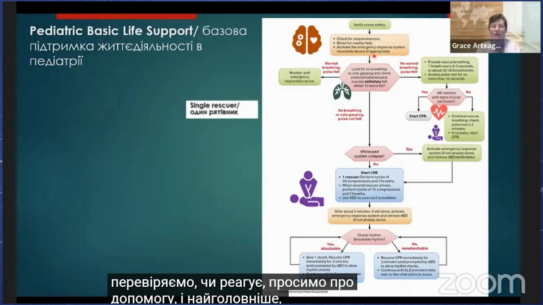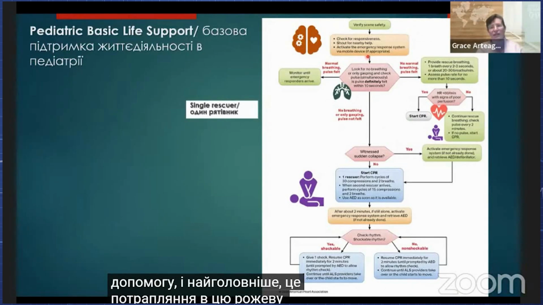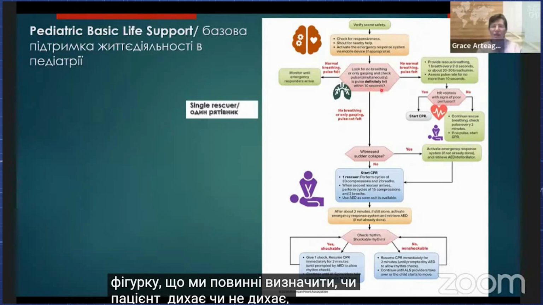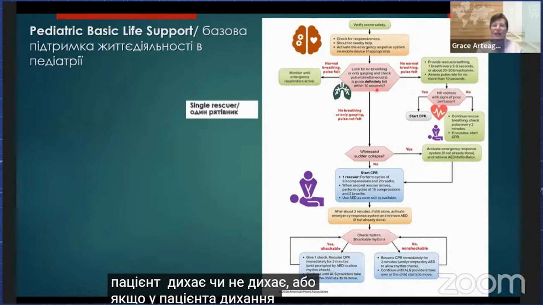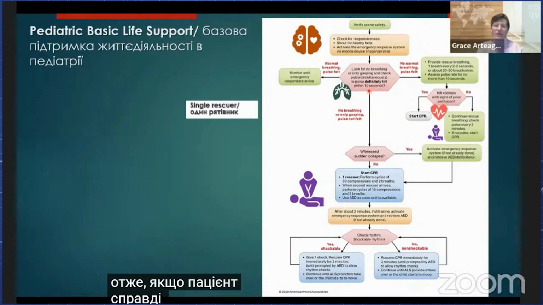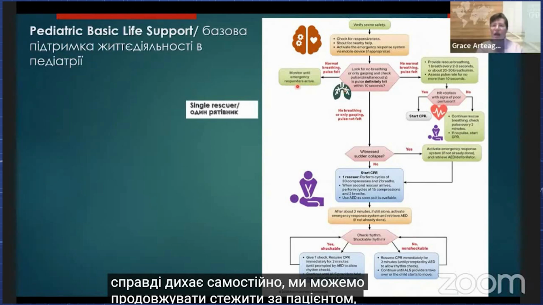And the most important thing is getting into that pink figure where we have to define if the patient is breathing or not breathing, or if the patient is having some gasping respiration. So if the patient is actually breathing on their own, we can keep monitoring the patient.